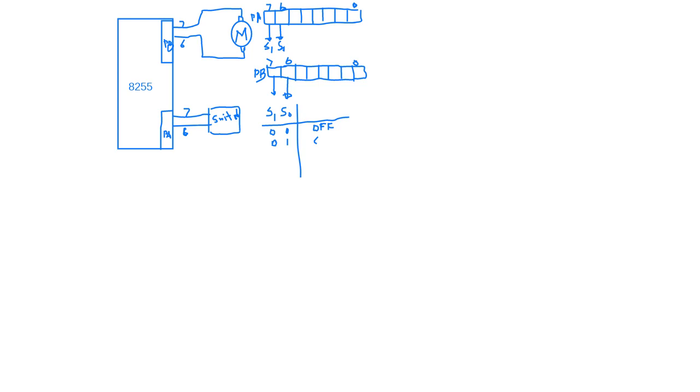And 1 0 is anti-clockwise, or reverse, or counterclockwise. CW is clockwise, which you can also call forward, FW.